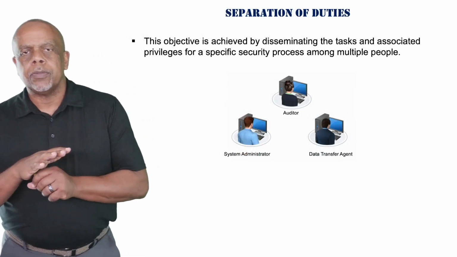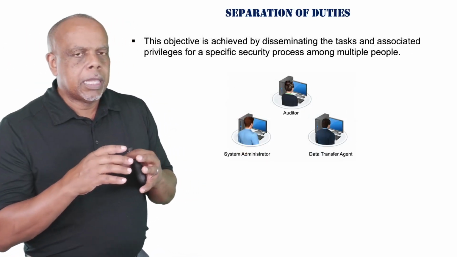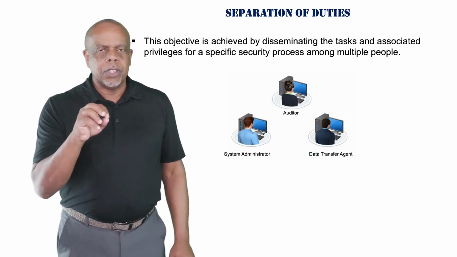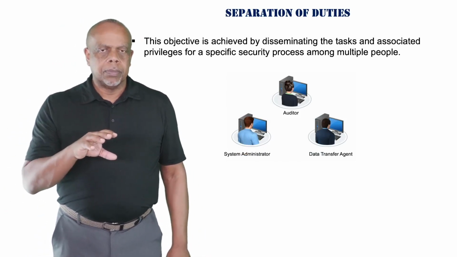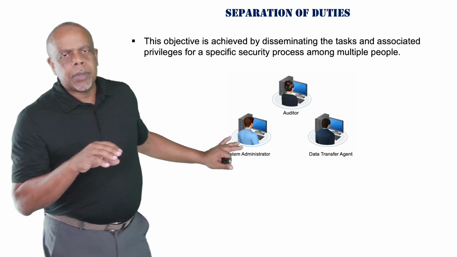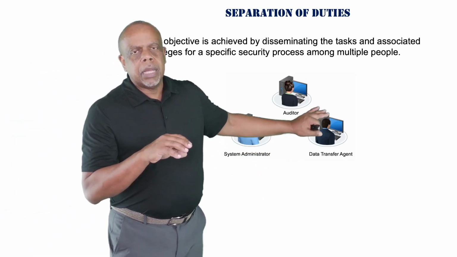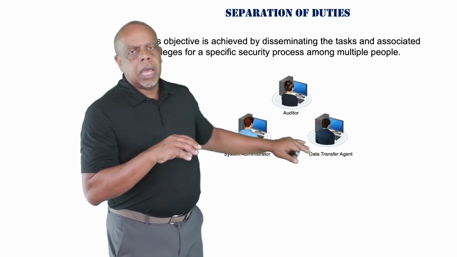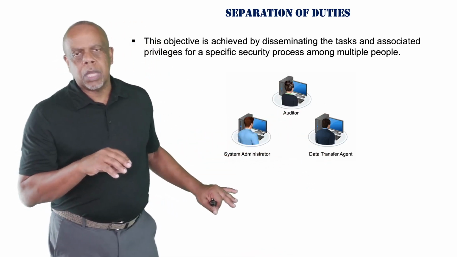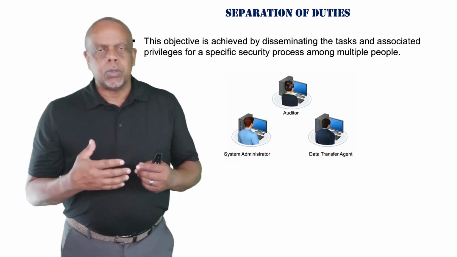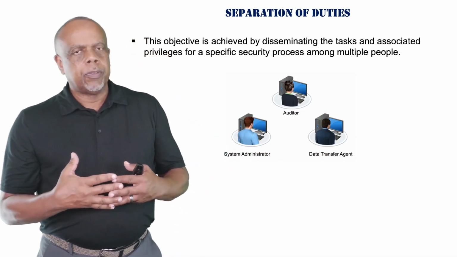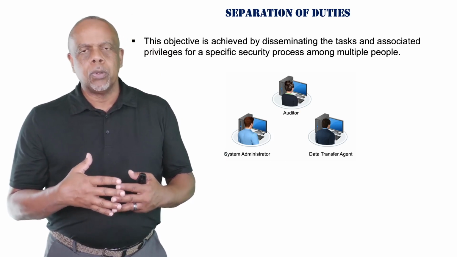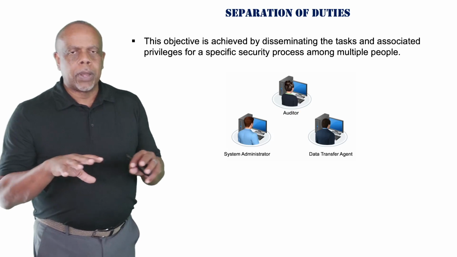Separation of duties follows in that same vein. We don't want one individual to have the keys to the kingdom. Meaning that if I'm a system administrator, then I can't be an auditor. Or if I'm a data transfer agent, I don't want to give them system administrator privileges. Why? Because we want to be sure we have checks and balances, that we've given them least privilege, we've denied access unless it's explicitly approved, and we are separating their duties.